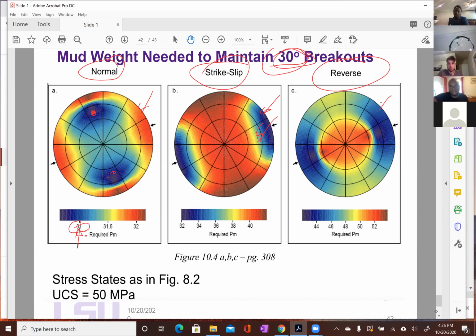Then they talked to the professors working in this area, and they used their software to design an orientation, and they went through and drilled in that orientation, and they were able to drill the well successfully. So this technology actually works in practice.